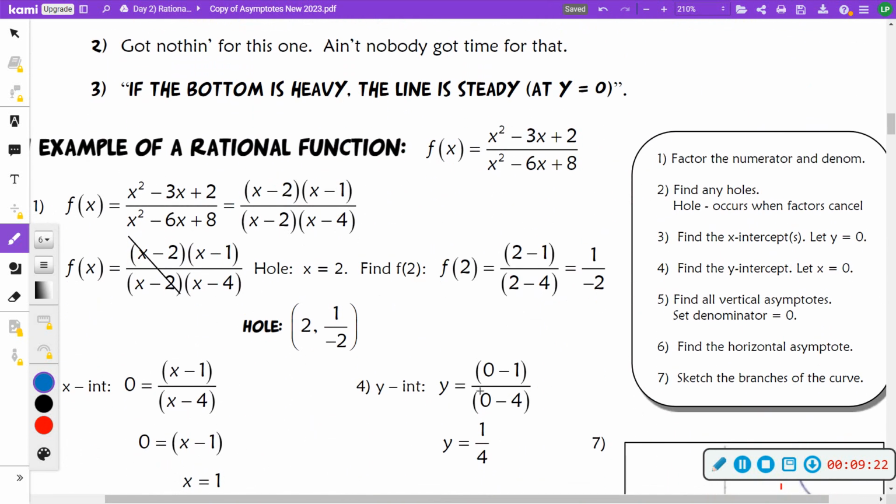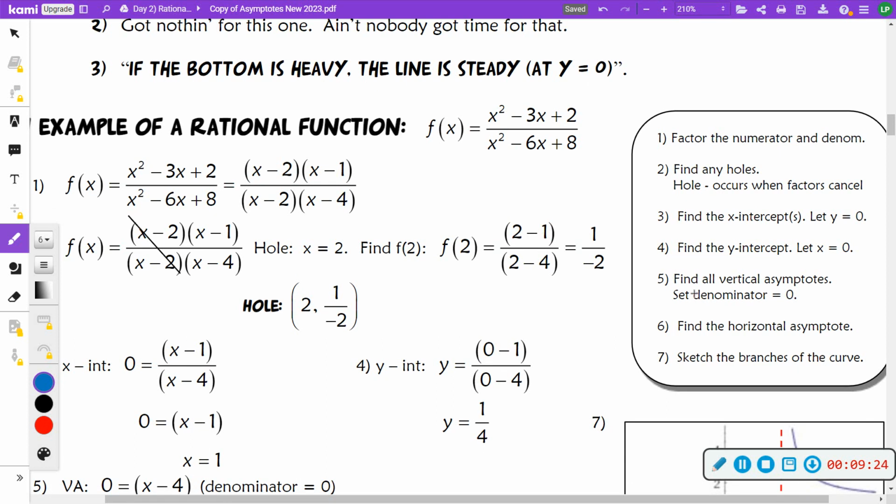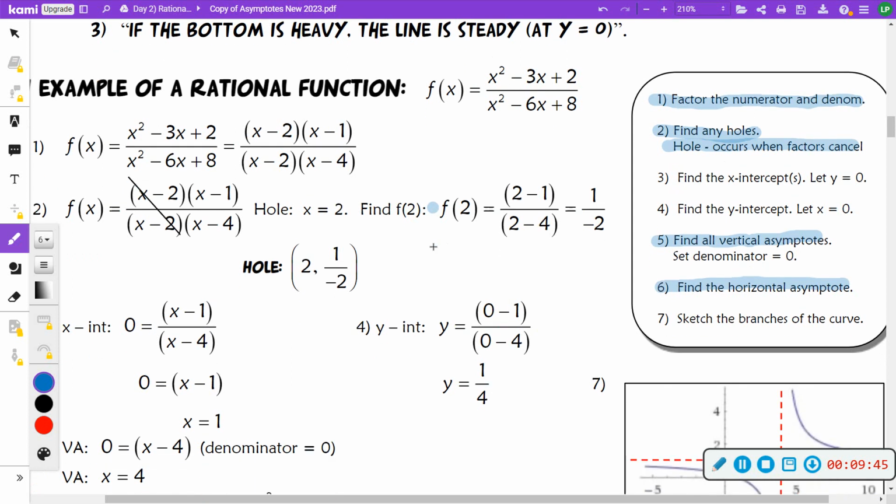Now here's some examples, and they walk through, and we've talked about step 5 and step 6. There's other things we could find. We could find x-intercepts, y-intercepts. Oh, we also found holes already. And you should know how to factor. So we have some examples here.